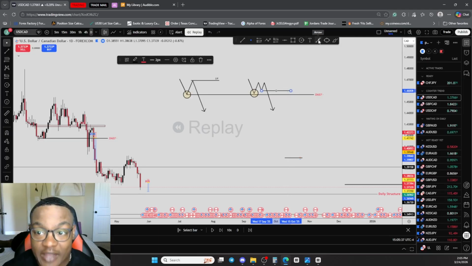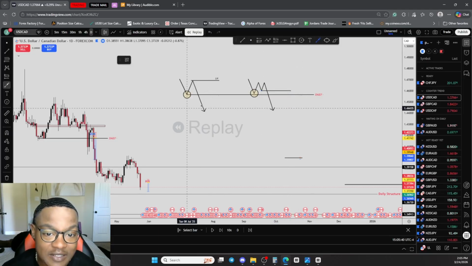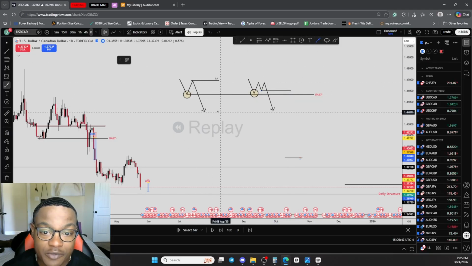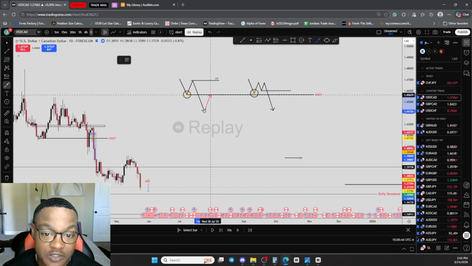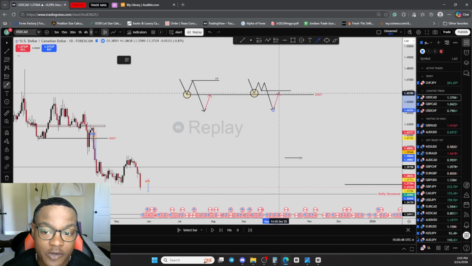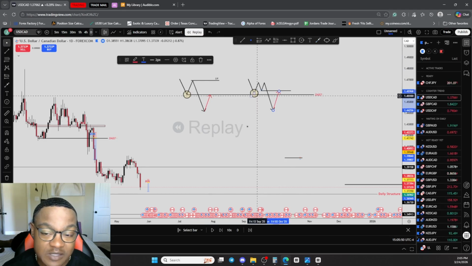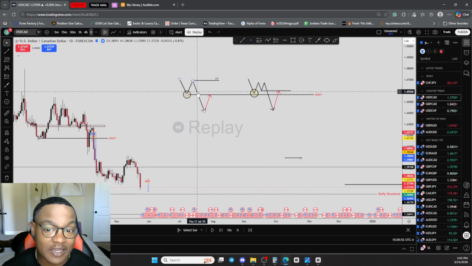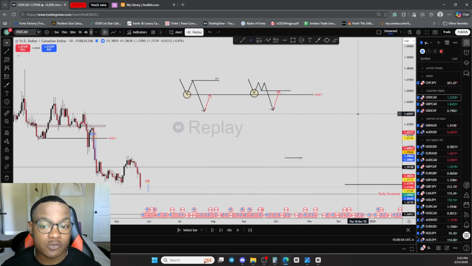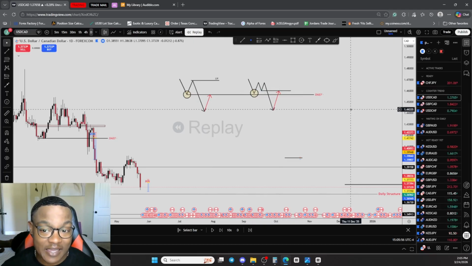So now when I'm looking for the daily time frame to perform the retest of this structure break, I will also be looking for the 4-hour time frame to perform the retest of its last structure break as well. Again, you can see how both time frames will be doing the exact same thing.